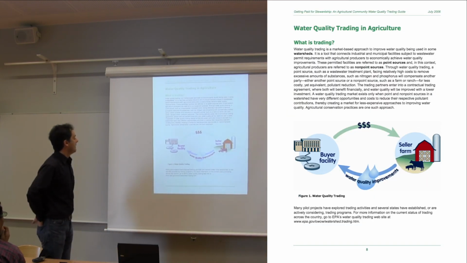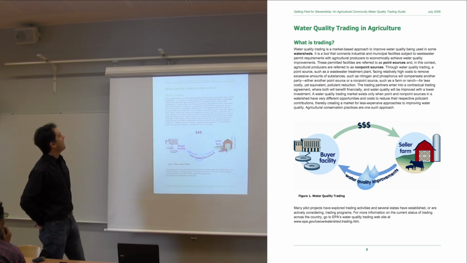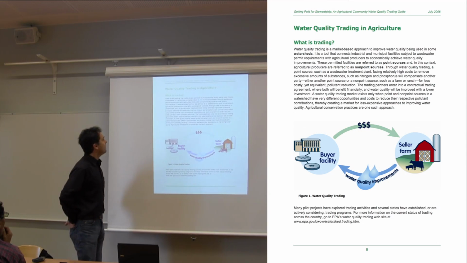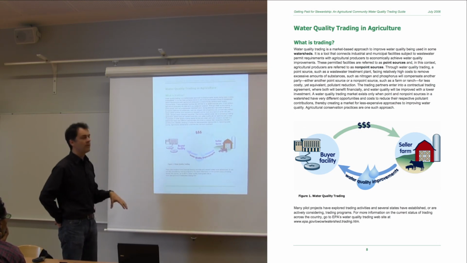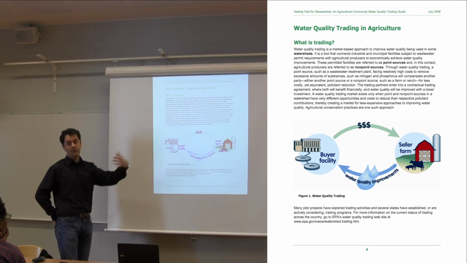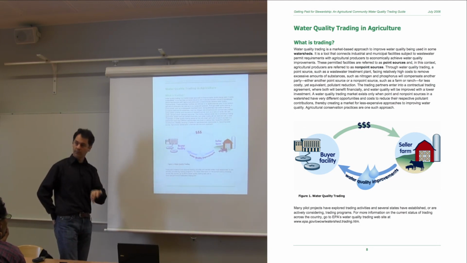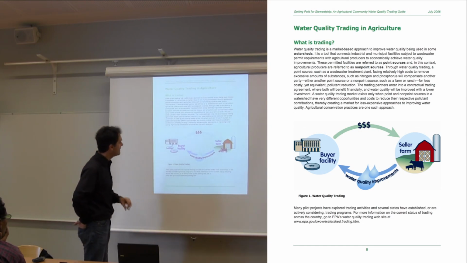I'm not sure you can read it, but if you go through the document, you get this description. So what is water quality trading? Water quality trading is a market-based approach to improve water quality being used in some watersheds. So you want to get better quality in the watersheds, not necessarily at the source of pollution, but at some places where it is used.